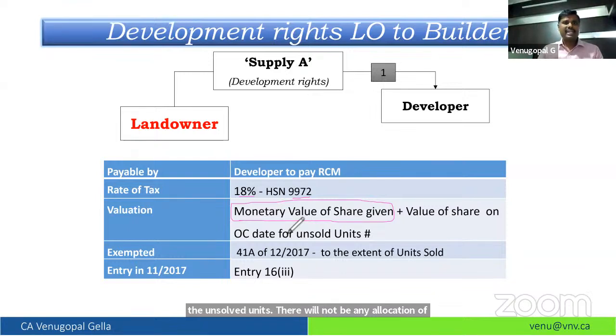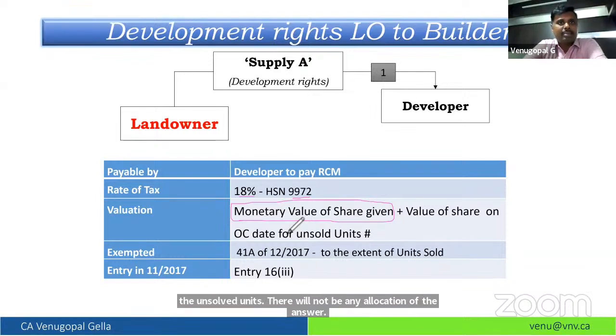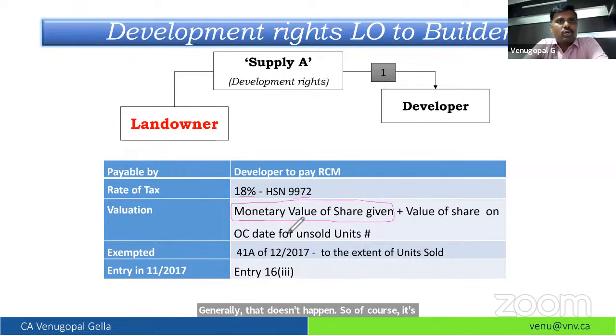Of course, in business anything can happen, but generally, the unsold units also continue to be sold by the developer and builder, because every builder wants to liquidate their inventory at the earliest and move on. So even the unsold inventory will continue till they are sold, and the marriage between the landowner and developer will continue, and the revenue is shared.